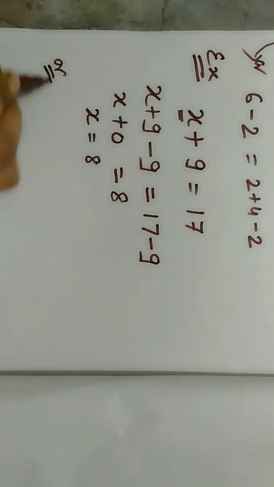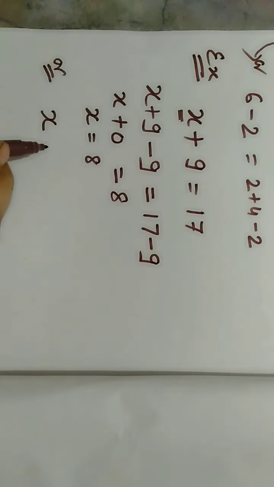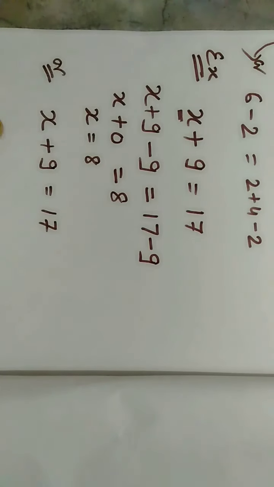The alternative method is that we just transfer this from the LHS to the RHS. When we transfer the quantities from the LHS to the RHS, then the sign changes. That is, plus changes to minus, minus changes to plus, multiplication changes into division, and division changes into multiplication.